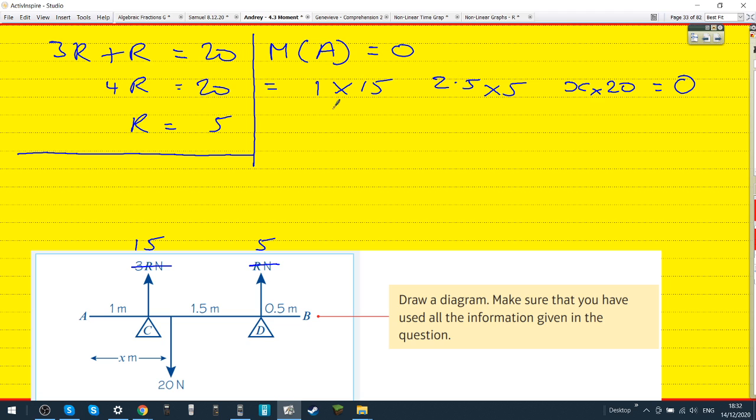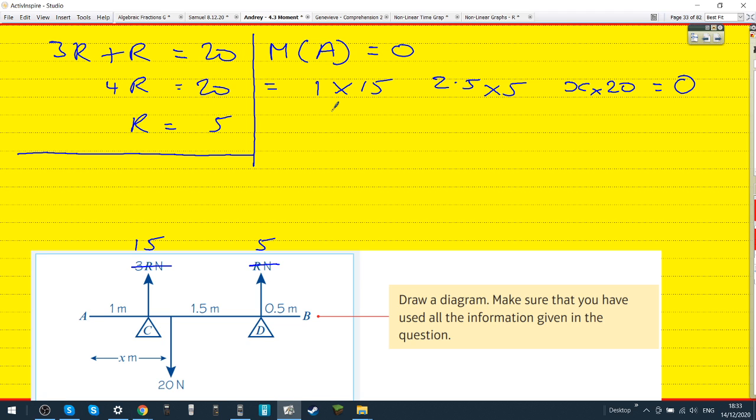And now let's just figure out which are positive, which are negative. Will the first one be positive? Yep.